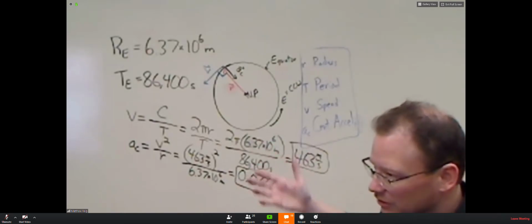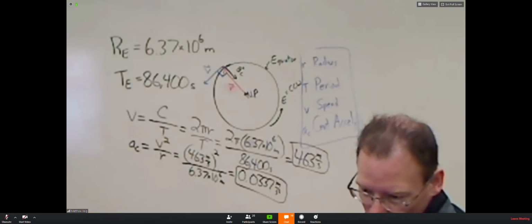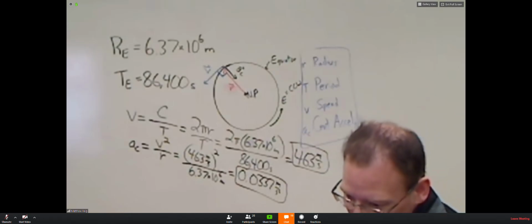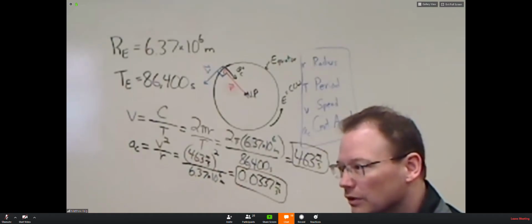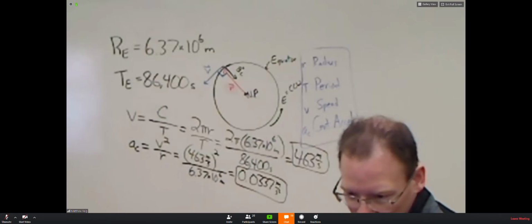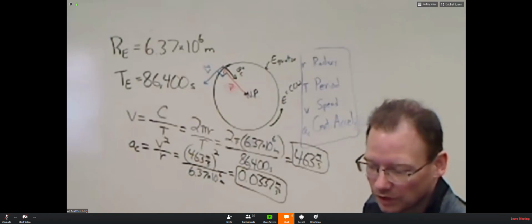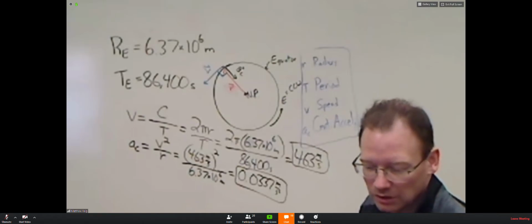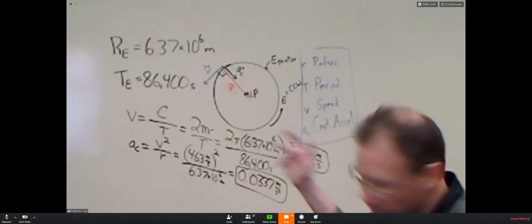If you're at a latitude other than the equator, you replace the radius of the Earth with the radius of the Earth times the cosine of the latitude. So if you're at the equator, latitude 0, cosine of 0 is 1. If you're at the North Pole, which is positive 90-degree latitude, cosine of 90 is 0. And then you'd get some zeros in there.